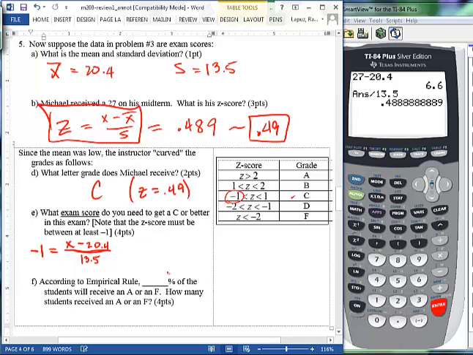So we're solving for x. We're doing a little bit of algebra here. We're going to multiply by 13.5 on both sides. So x minus 20.4 is equal to -13.5. And then we're going to add 20.4.